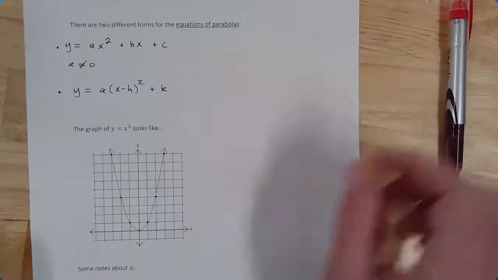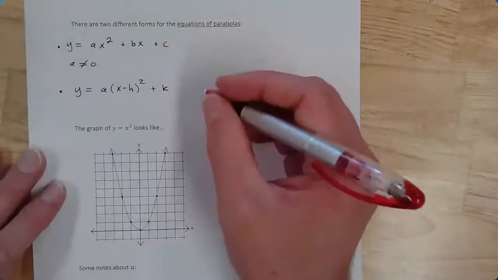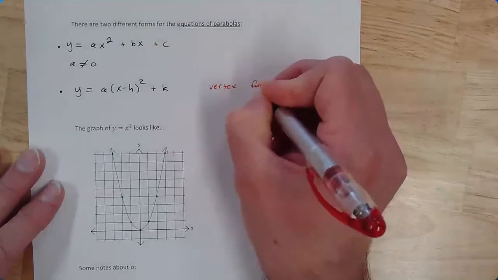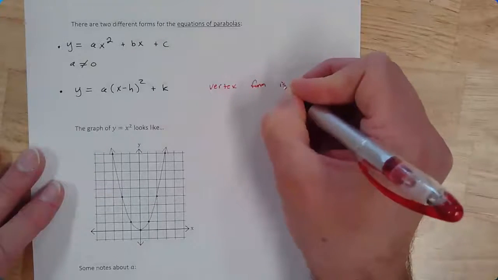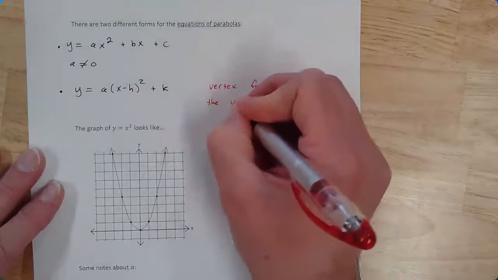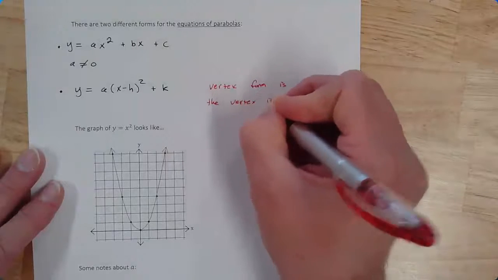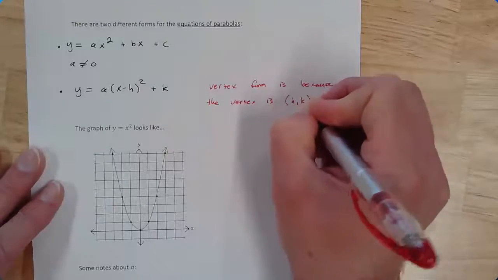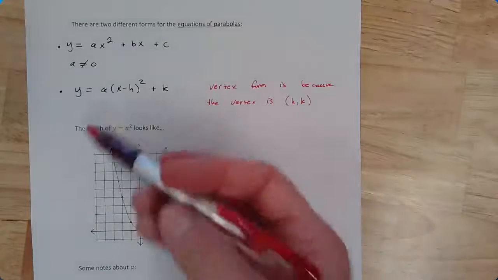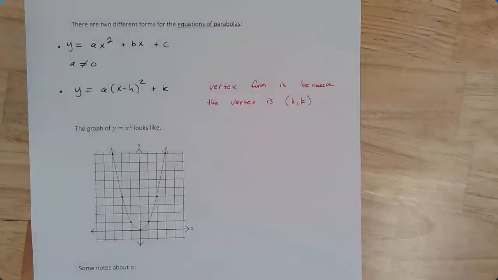This one is called the vertex form, and the reason it's called the vertex form is because we can see the vertex. It's the point h comma k. So if you have a parabola written this way, the vertex is immediately findable. We'll talk a little more about that when we get to an example.